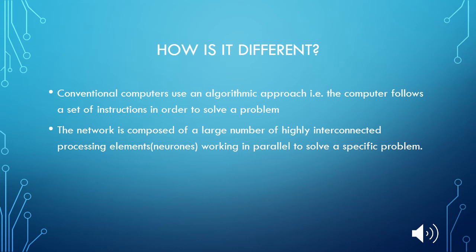Now, a neural network is designed to process information similar to the way that we process information. The neural network itself is composed of a large number of interconnected neurons working in parallel to solve the specific problem, as we talked about earlier. Now, they learn by example, so they cannot be programmed to perform a specific task.